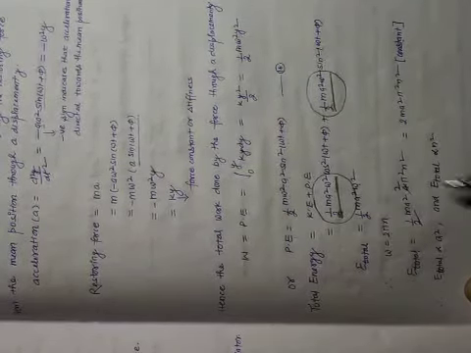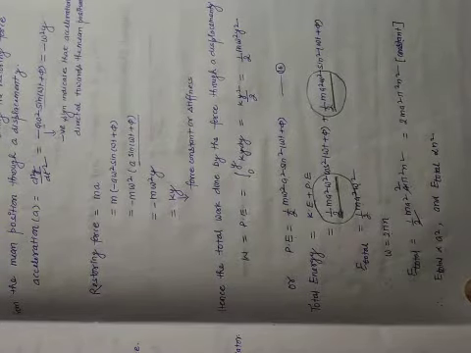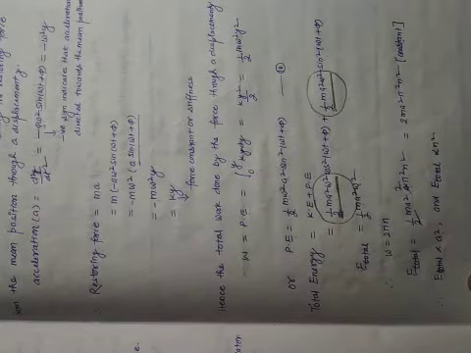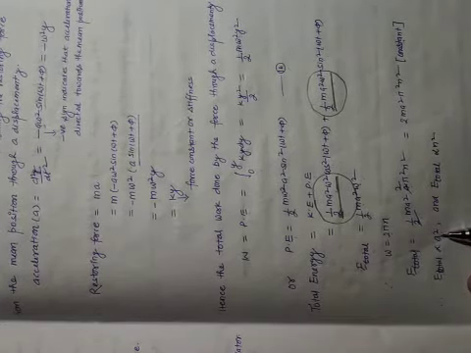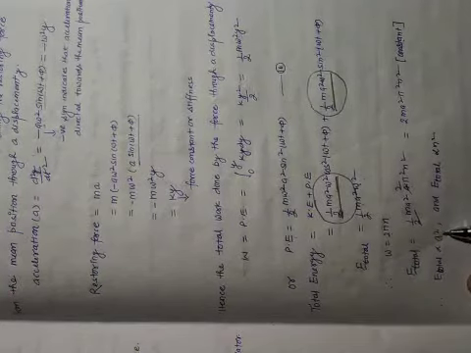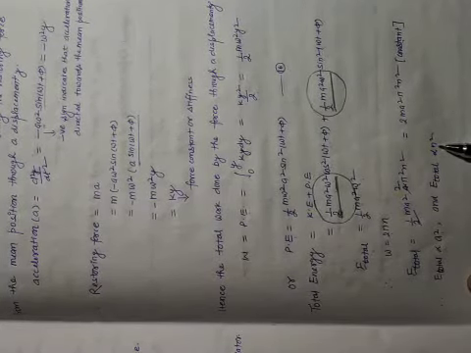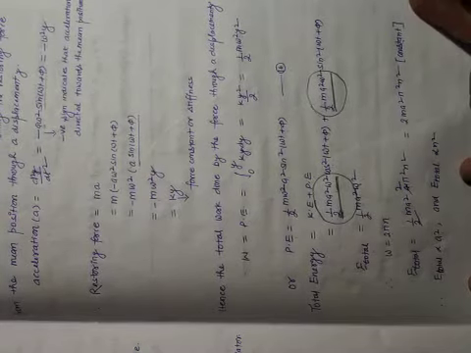The consequence of this formula is that the total energy of a simple harmonic oscillator, or a particle performing SHM, is proportional to its peak amplitude square and also proportional to the frequency square of that harmonic oscillator.